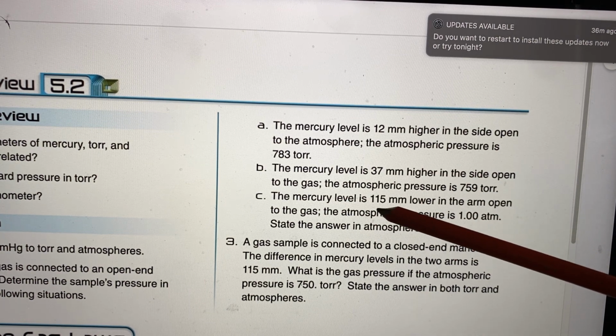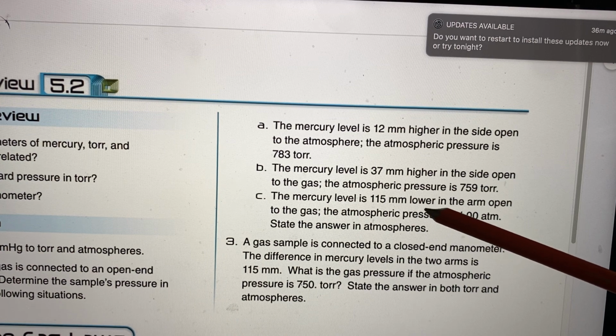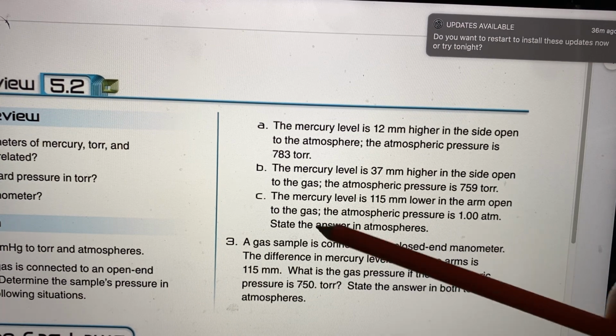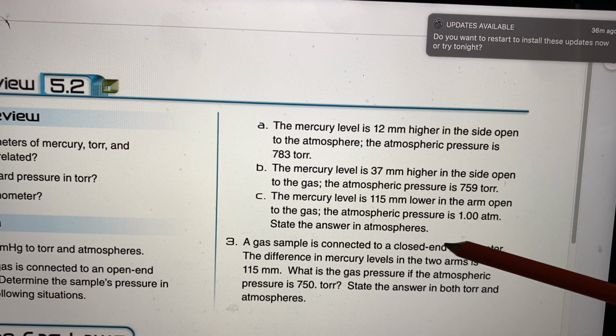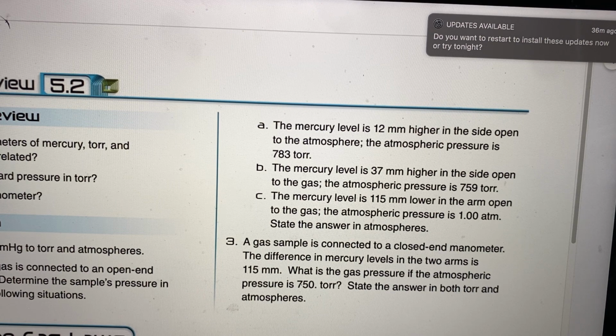The mercury level is 115 lower in the arm open to the gas. The atmosphere pressure is 1 atm. State the answers in atmosphere. It's lower in the arm of the gas, which means it's going to be higher in the atmosphere side, so the gas pressure is going to be higher.